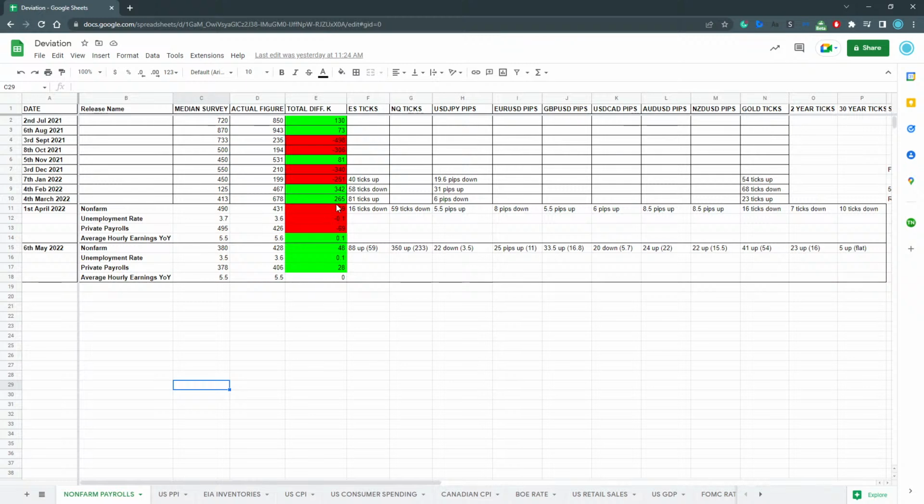This one is slightly different. There was other business sentiment affecting 4th of March, where the release didn't go the way markets had priced it in, and the markets ignored the rest of the release and carried on the way they were moving.